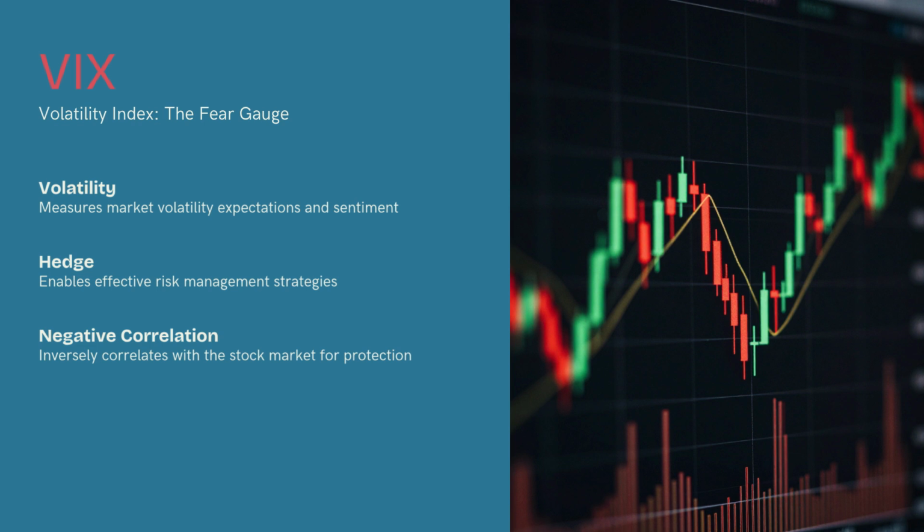So the VIX is a measure of a conglomeration of all of those underlying stock volatility measures. It's going to measure market sentiment and tell you how fearful the market is. So again, as the market fear goes up, the VIX is going to go up.